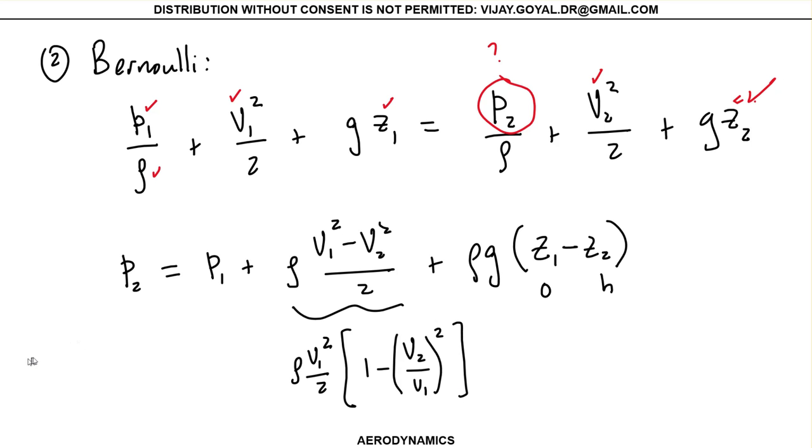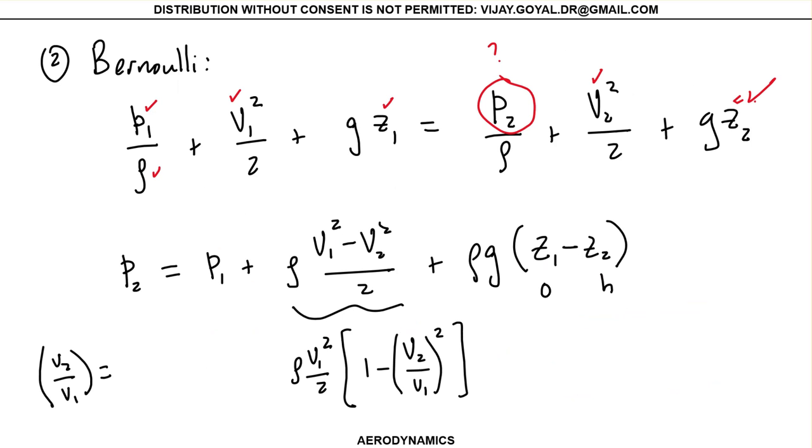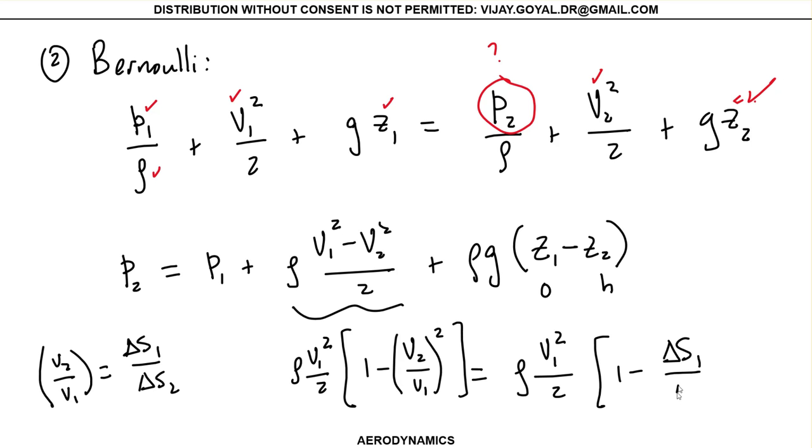But note that V2 over V1, if I go back to the conservation of mass equation, is equal to delta S1 divided by delta S2, right? So this whole thing can also be written as rho V1 squared over 2 times (1 minus delta S1 divided by delta S2), all of this squared.